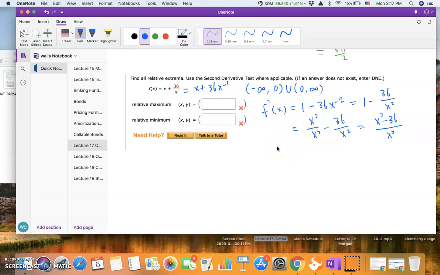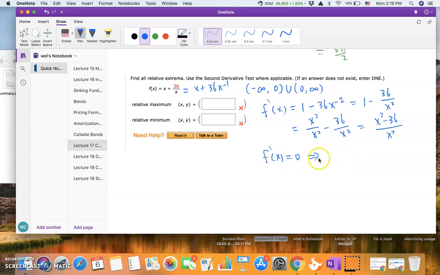Now the next thing is I want to find the critical points of the function. So we have two places where we can find the critical points. One place is when the first derivative equals 0.